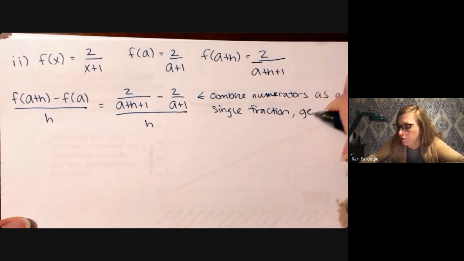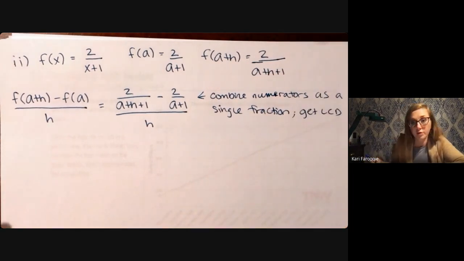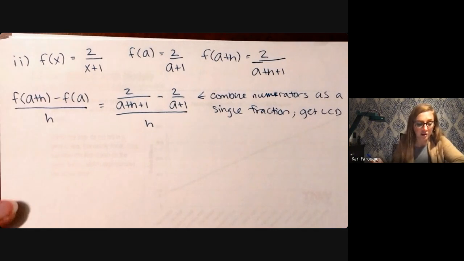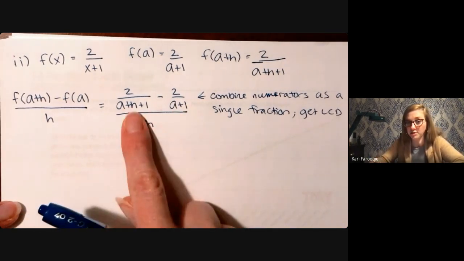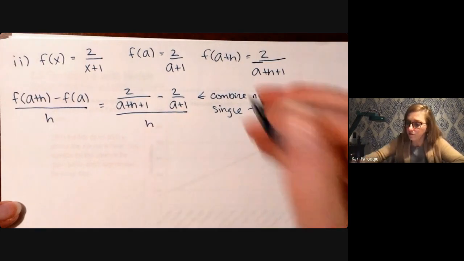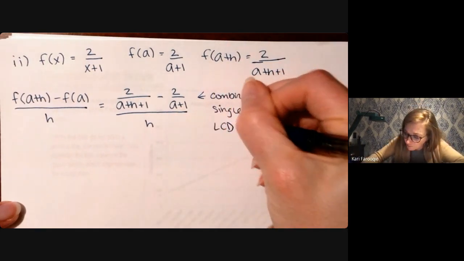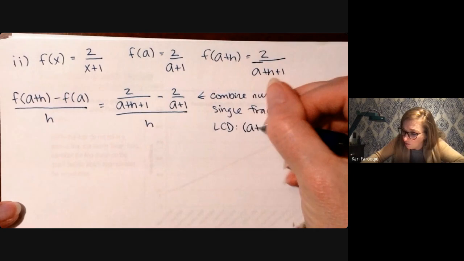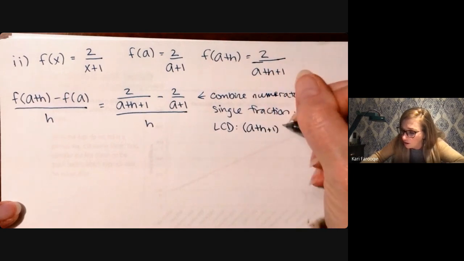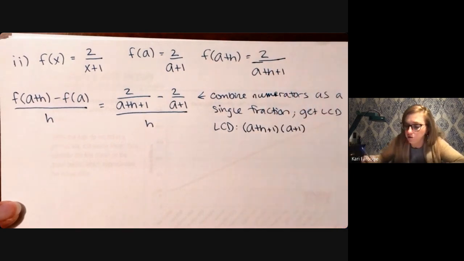To do that, we need to get the LCD, the least common denominator, because I can't subtract two fractions from each other until they have a common denominator. Now, you'll find that in this case, it's actually pretty quick to find the LCD because these are just two completely distinct denominators. So the LCD is actually going to be a plus h plus 1 times a plus 1.